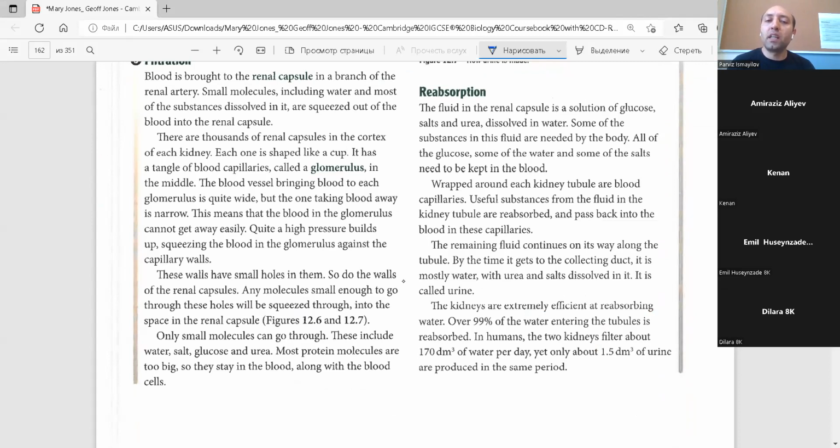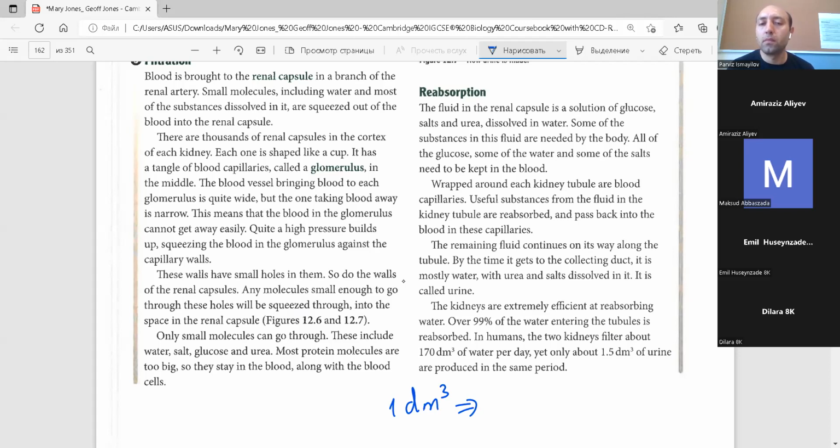Guys, do you know 1 cubic decimeter equals which size? What's 1 cubic decimeter? May I? Yes, of course, Maksud. If I'm not mistaken, it's a liter. Of course. Guys, don't forget. So in here, they are saying that 170 cubic decimeters is actually 170 liters.